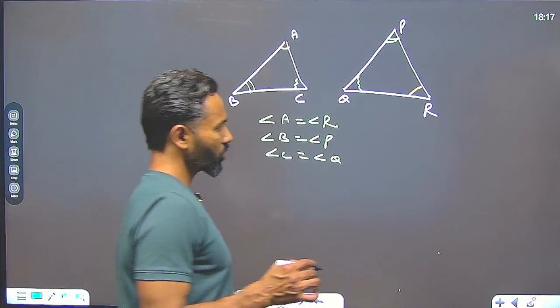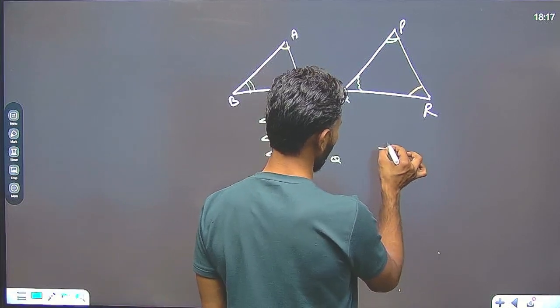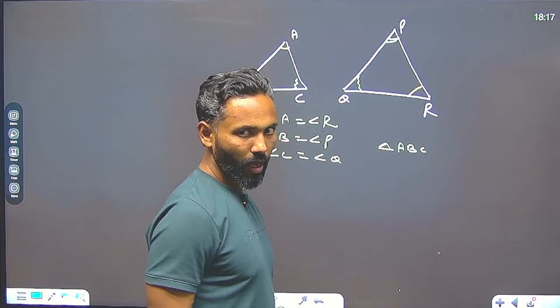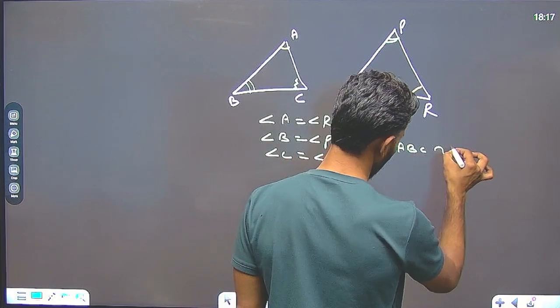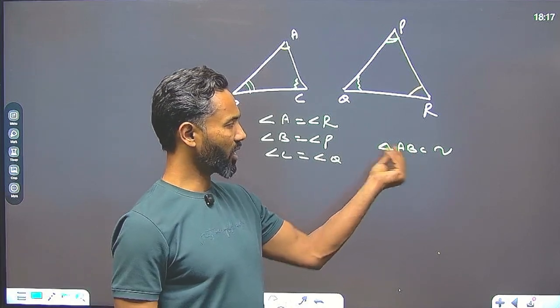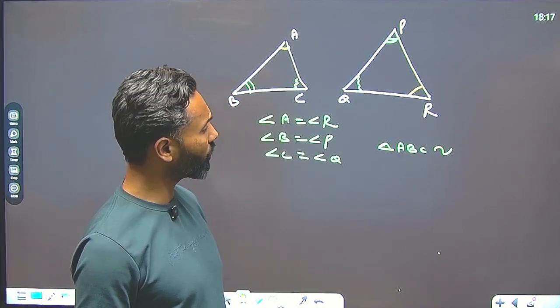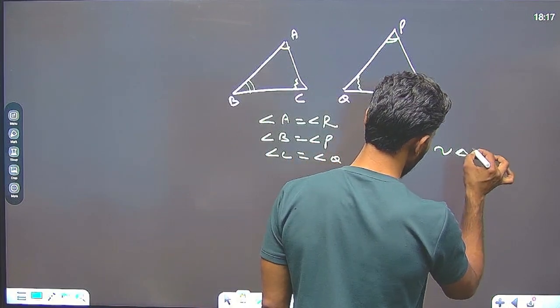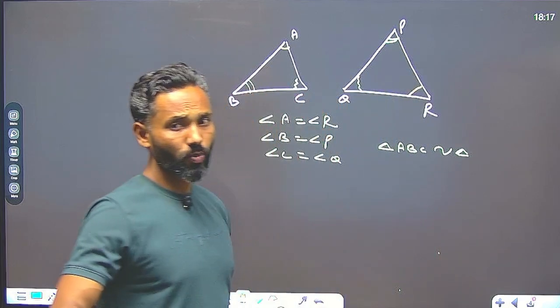Understand that? So when we are representing similar triangles, how do we have to represent them? This is triangle ABC, and this is the symbol of similarity. Now we have written triangle ABC. How do we represent the other triangle? We have to represent the other triangle in the form of corresponding angles.